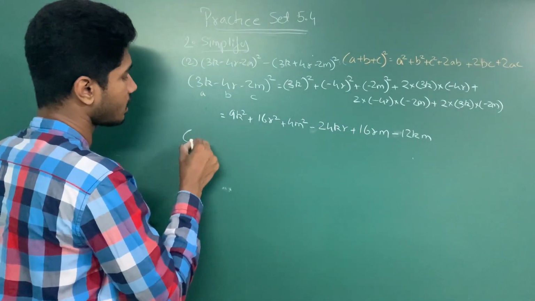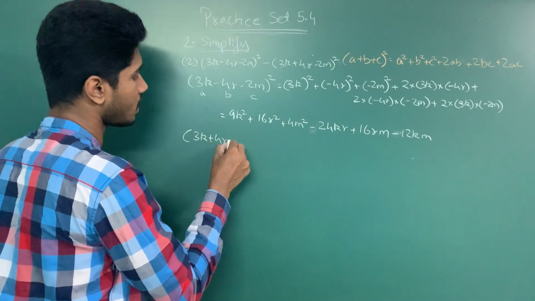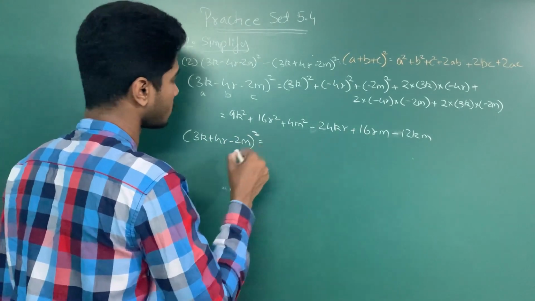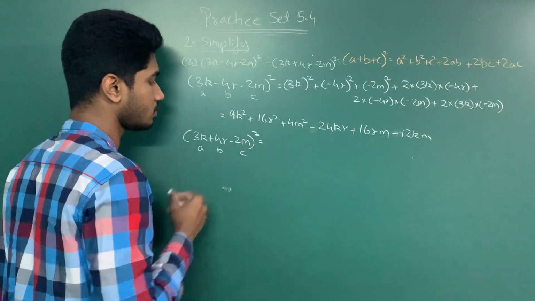Now let's see the second bracket. 3k plus 4r minus 2m the whole square. So this becomes your a, b and c.